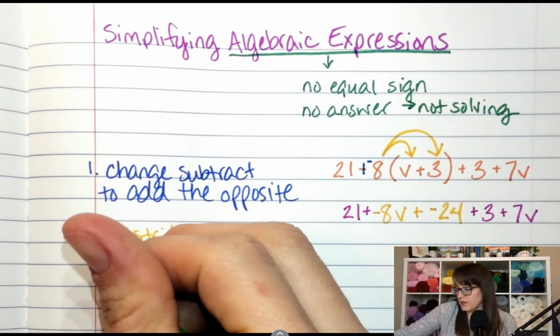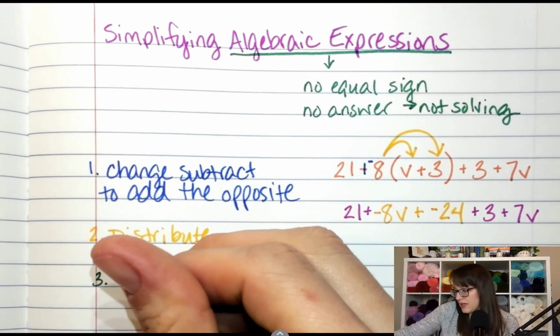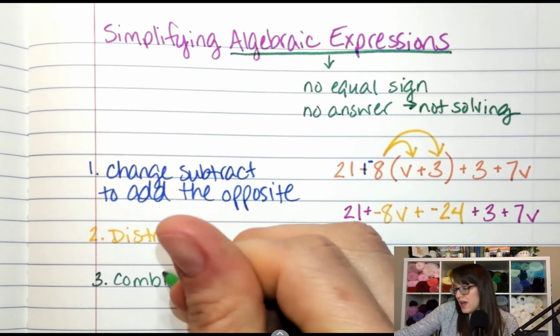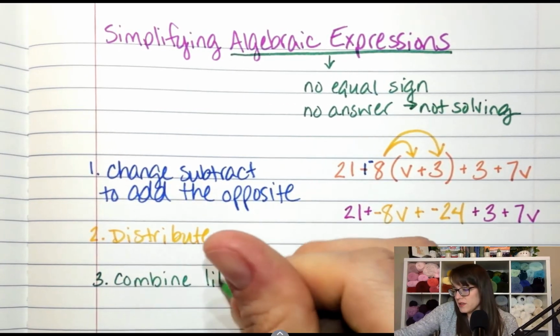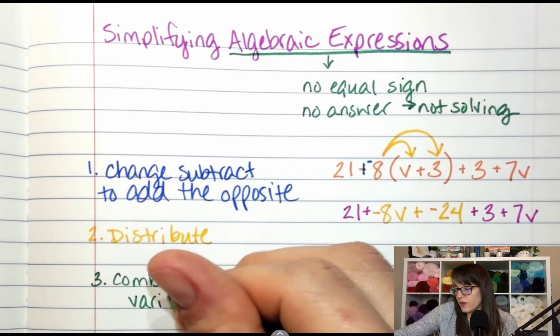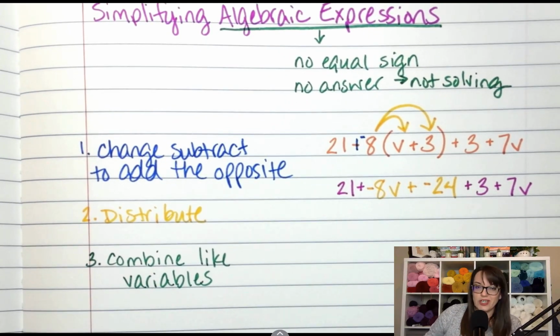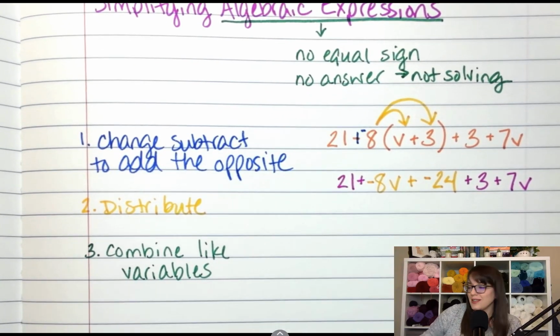Actual step 3. We are going to combine like variables. I'm going to say like variables because there is no rule that says you have to have one variable. In fact, once you get out of middle school, the chances that you have one variable decrease a lot.